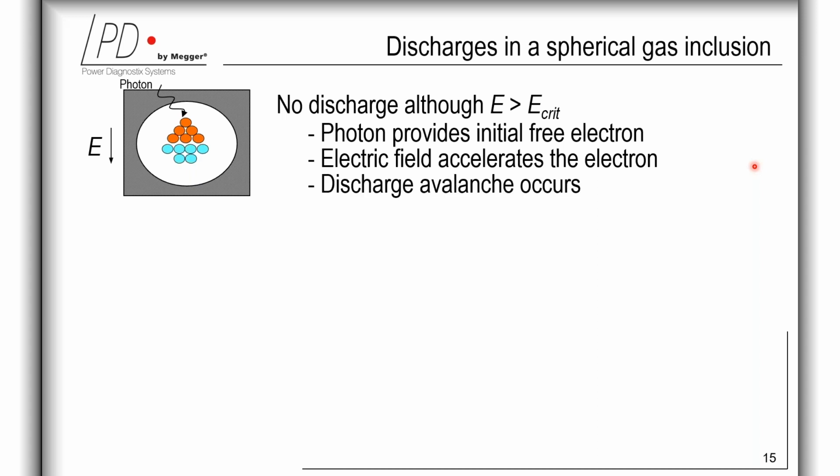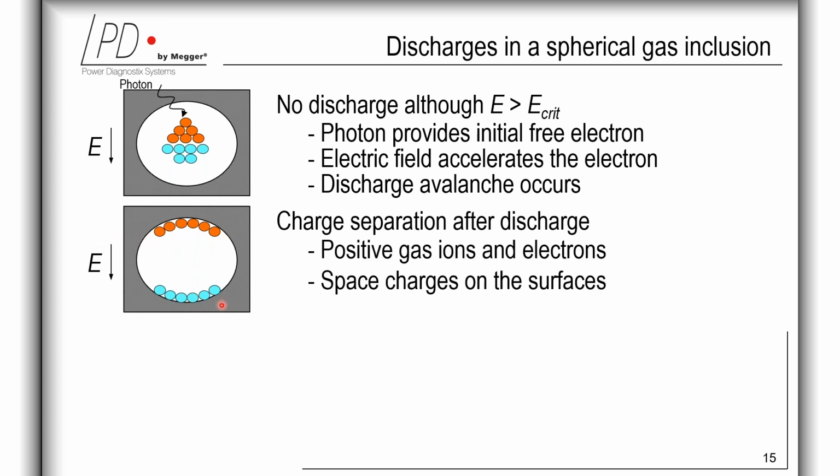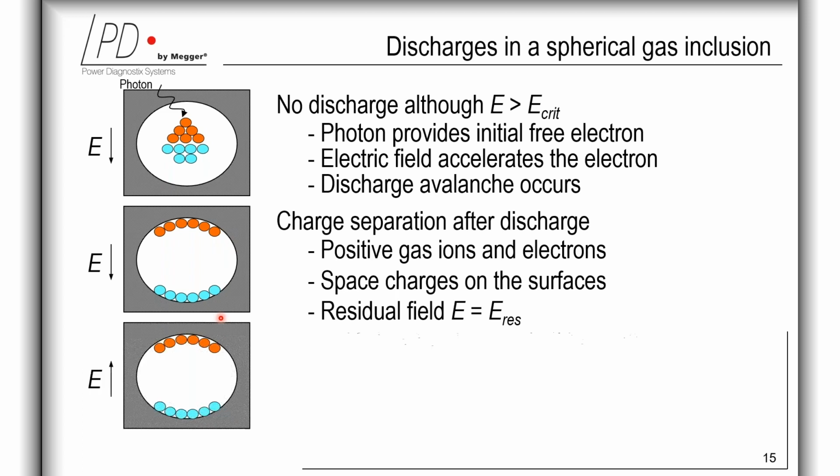As can be seen from this figure, some of the ions and electrons will recombine, while others make it to the adjacent surfaces. And this is in accordance with their drift velocity, of course. And the surface charge here causes an electric field that is superimposed to the external field.